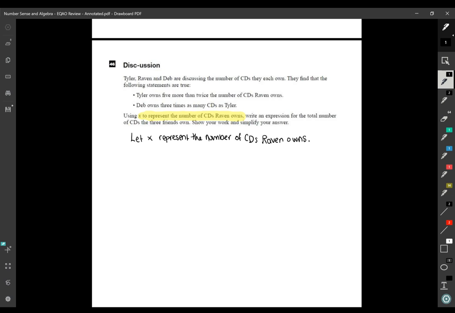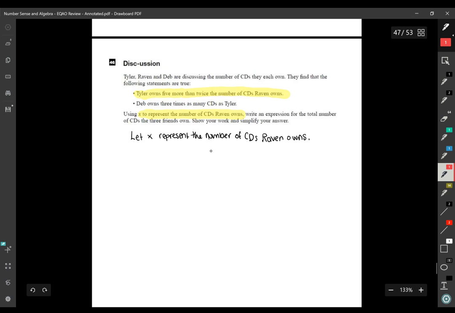Okay, so if X represents the number of CDs Raven has, then let's create an expression that could represent the number of CDs that Tyler owns. Okay, so let's read this sentence one more time. It says Tyler owns 5 more than twice the number of CDs Raven owns. Okay, so 5 more than twice the number.